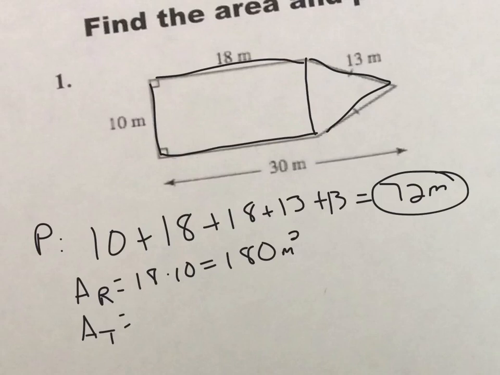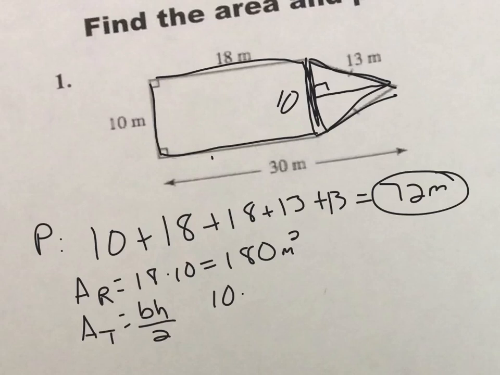And then the area of the triangle. This is 10 here, this is 13, this is 13. To find the area of a triangle, you need base times height divided by 2. My base is right here, which is 10, times my height. My height has to make a 90-degree angle with that base.